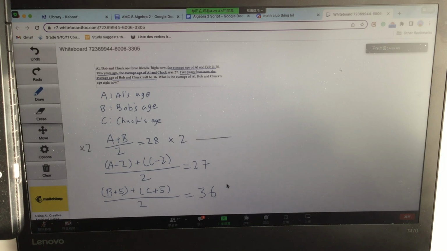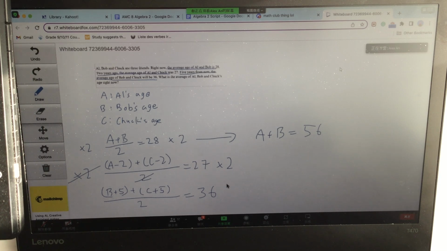And then this gives us A plus B equals 56. And then here we're going to also multiply by 2 on both sides. So the 2 here is going to cancel out, and we have A minus 2 plus C minus 2.